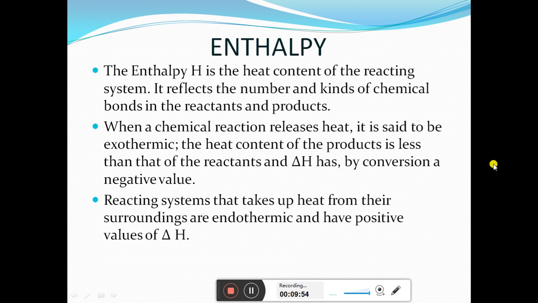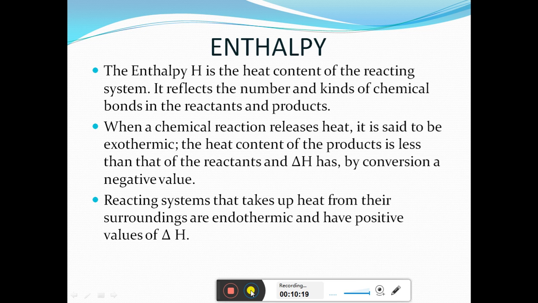The next topic is enthalpy. The enthalpy H is the heat content of the reacting system. It reflects the number and kinds of chemical bonds in the reactants and the products. When a chemical reaction releases heat, it is said to be exothermic.